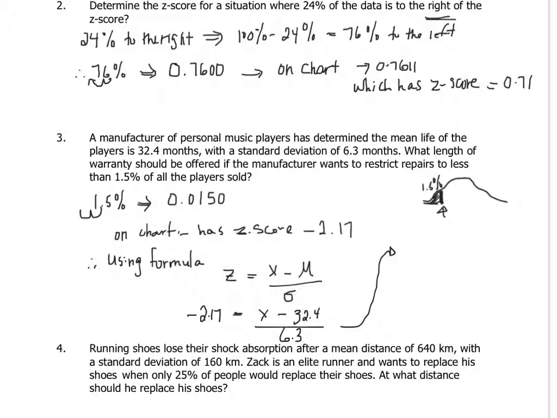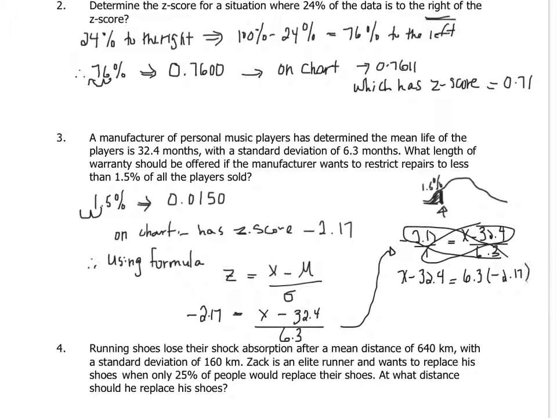So then this here would be negative 2.17 over 1 equals x minus 32.4 over 6.3, and then we can cross multiply and we get x take away 32.4 equals 6.3 times negative 2.17. So x take away 32.4 equals negative 2.17 times 6.3.